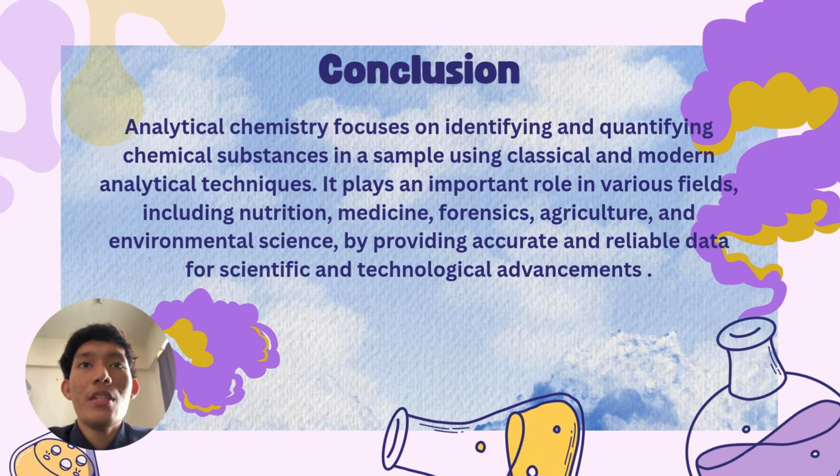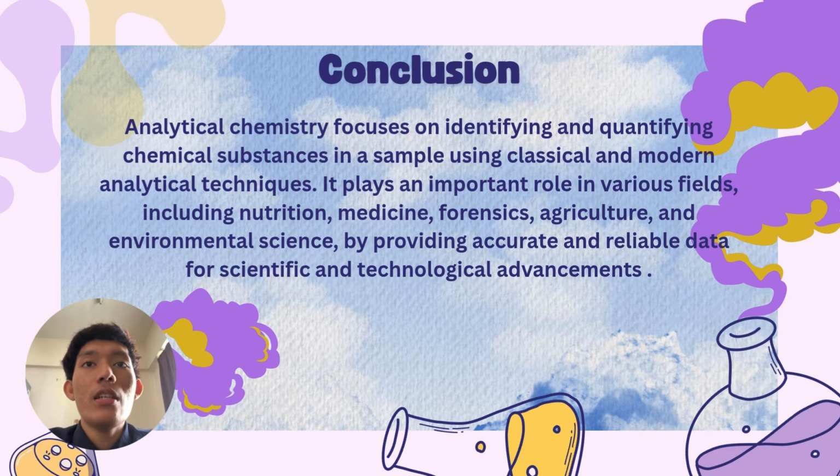Analytical chemistry is a branch of chemistry that focuses on the identification and quantification of chemical substances in a sample. This field encompasses the use of classical methods such as extraction and gravimetric analysis, as well as modern instrumental techniques including spectroscopy, chromatography, mass spectrometry, and electrochemical methods.